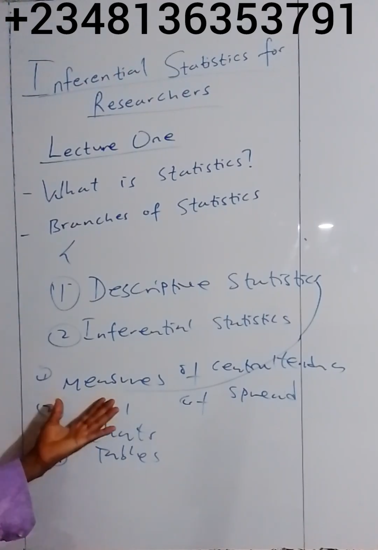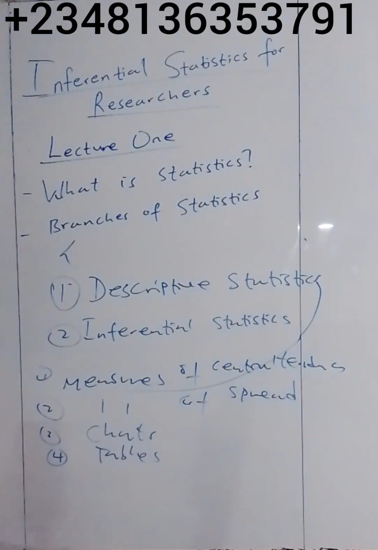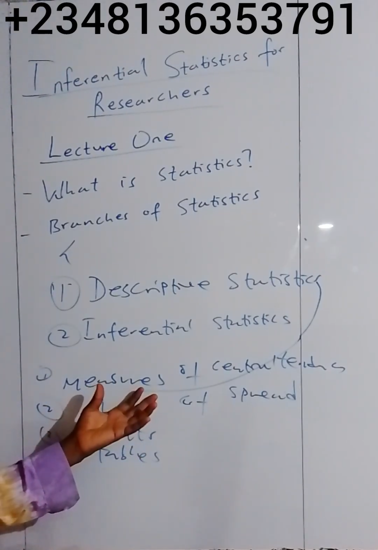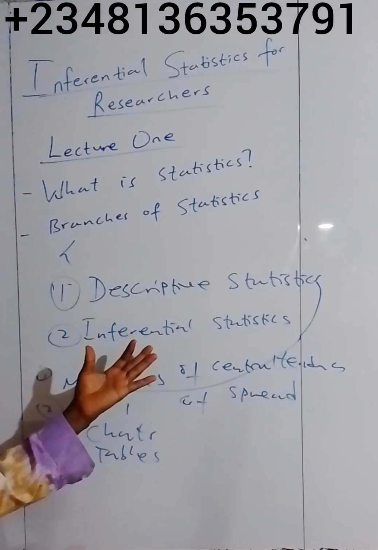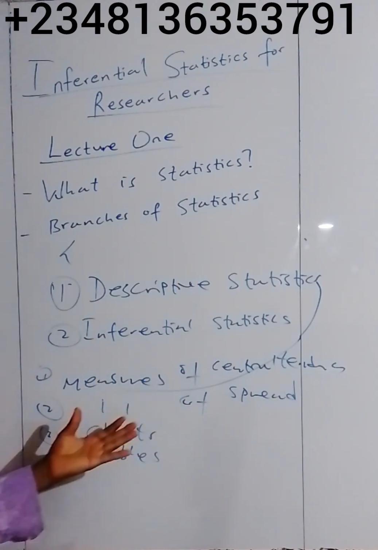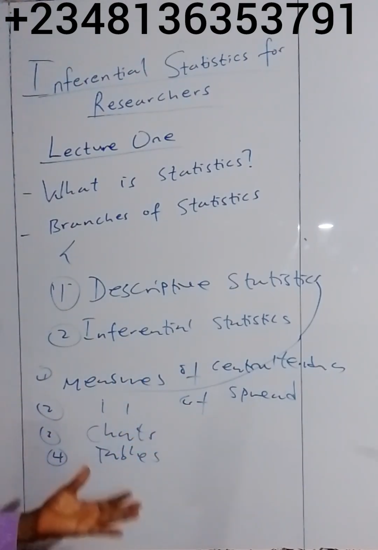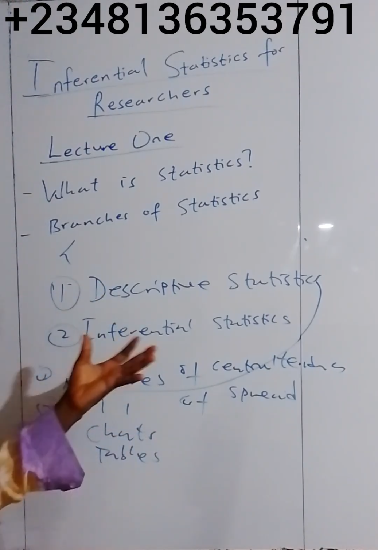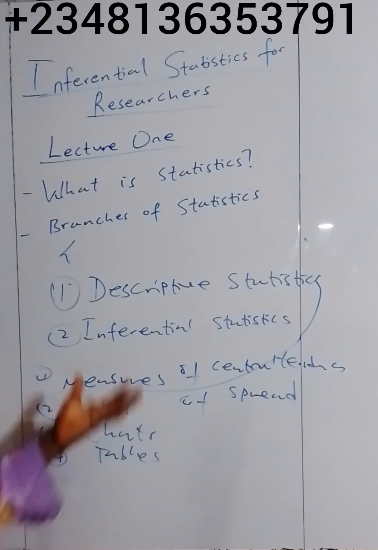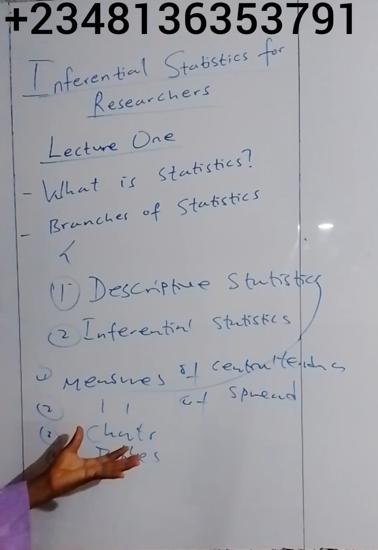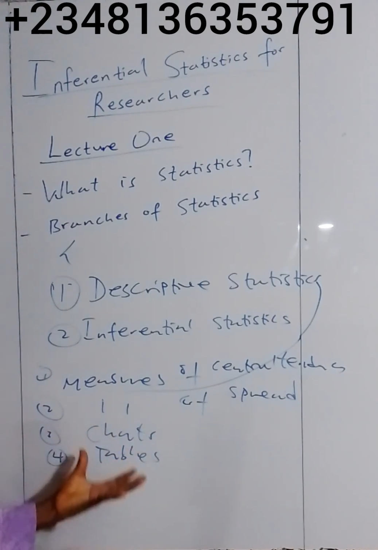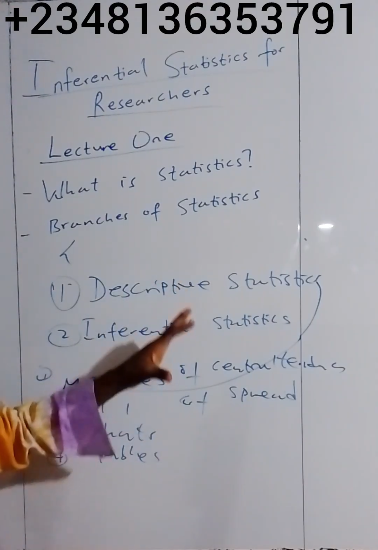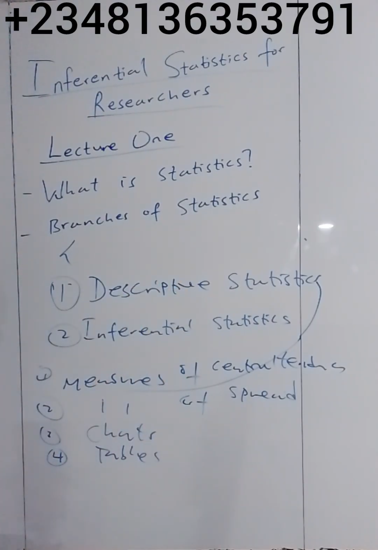So we can use measures of central tendency, that is certain numerical values, to summarize our data. We can also use measures of spread, certain numerical values to summarize our data. We can also present our data in form of charts or in form of tables. So all these come under descriptive statistics.